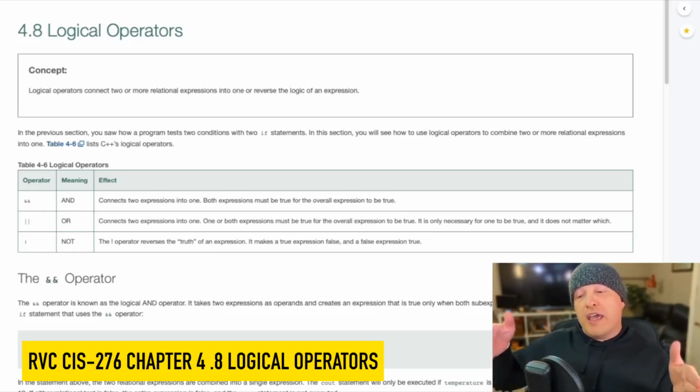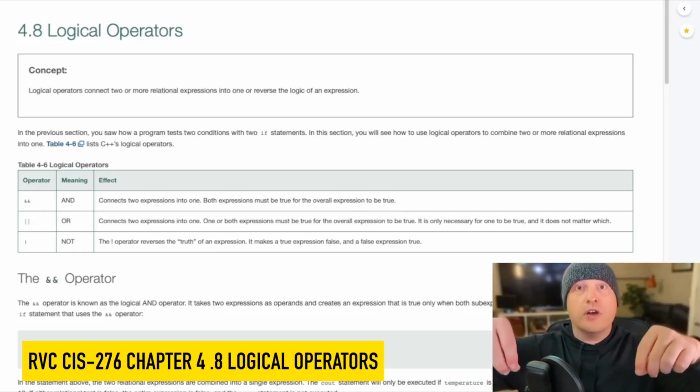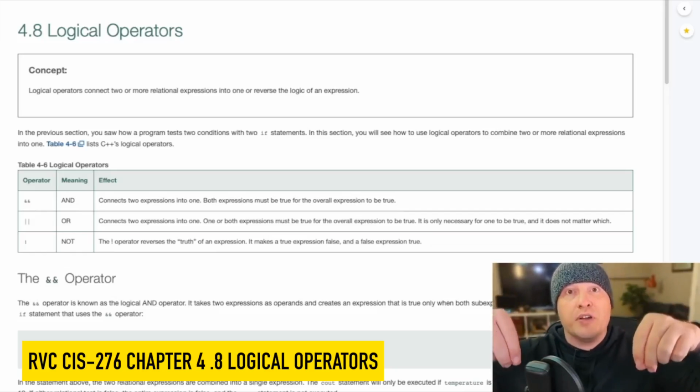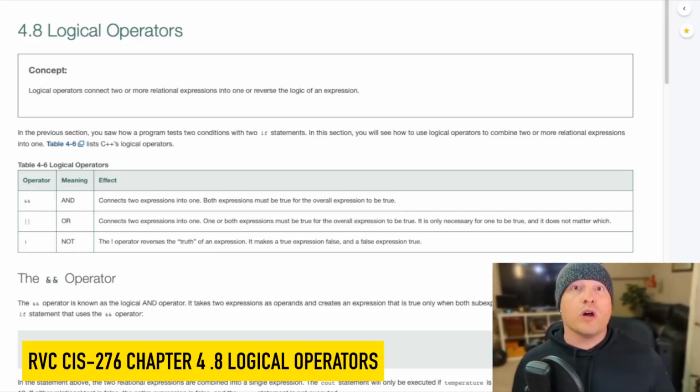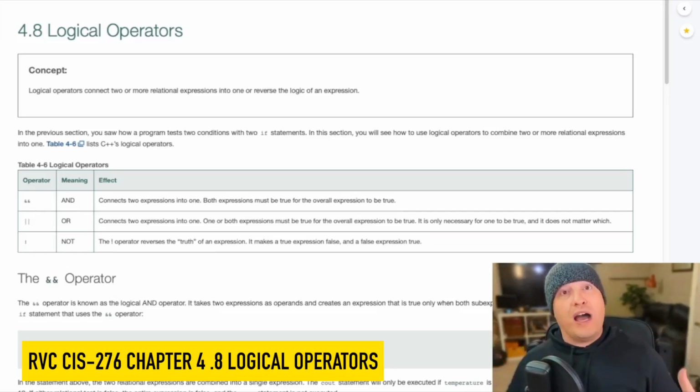So a logical operator, the and, the or, and the not, these allow us to connect two other conditional operators together. If I'm looking for temperatures that are greater than 0 and less than 100, that's why I would have this logical operator.